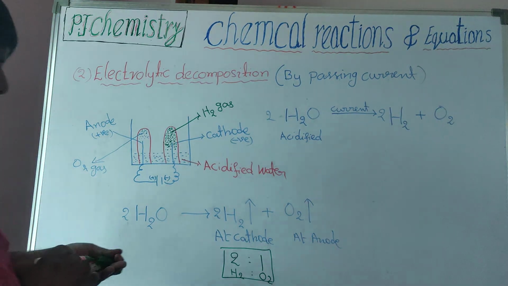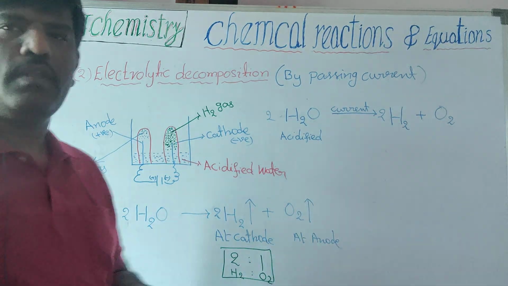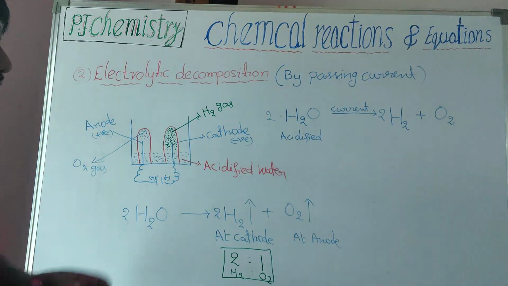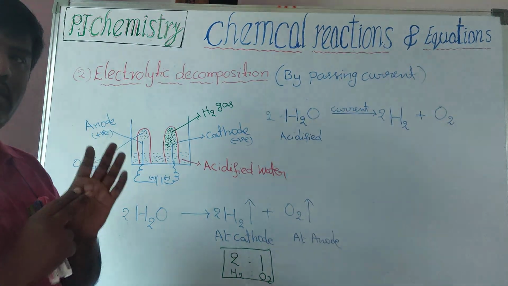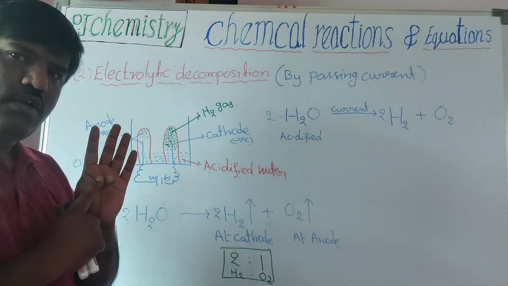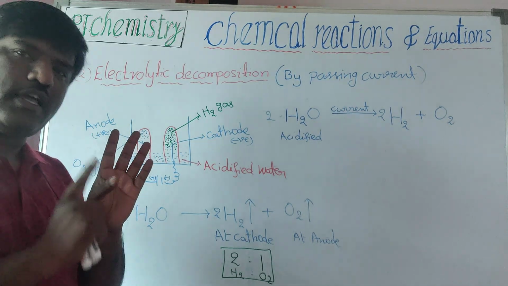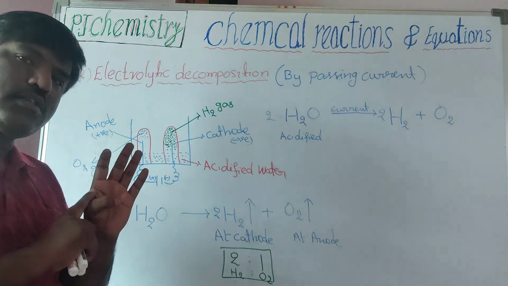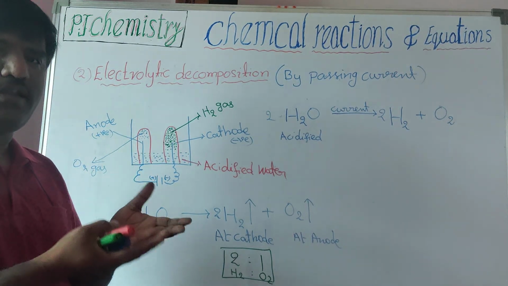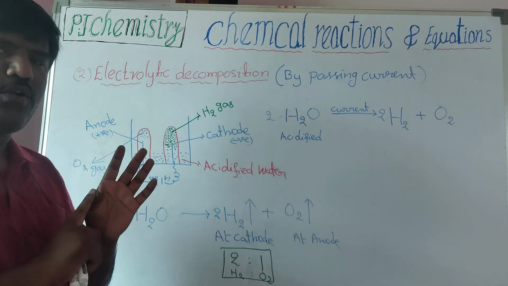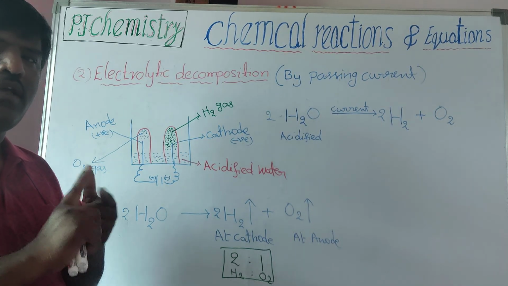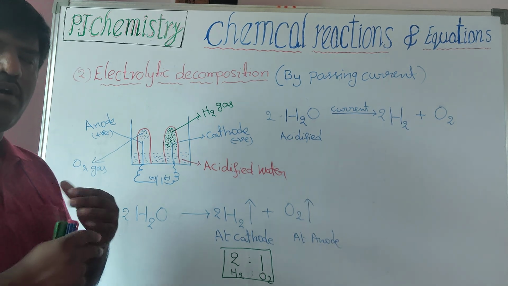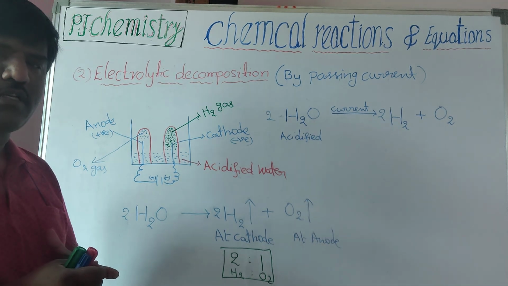This is the electrolytic decomposition of water. Some questions they will ask. At which electrode is which gas liberated? At the cathode hydrogen, at the anode oxygen. Next, what is the ratio of gases liberated?